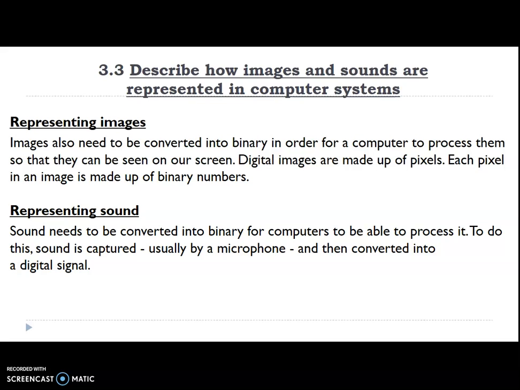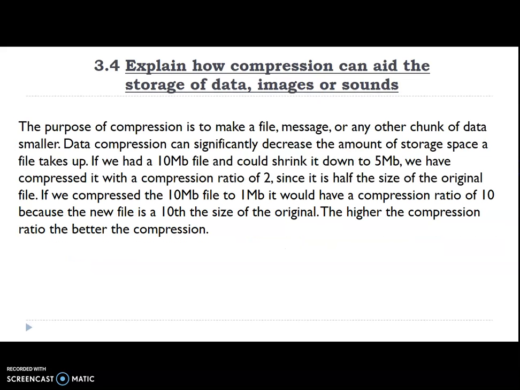Digital images are made of pixels. Each pixel in an image is made of binary numbers. Second, representing sound. Sound needs to be converted into binary for computers to be able to process it. To do this, sound is captured usually by a microphone and then converted into a digital signal.